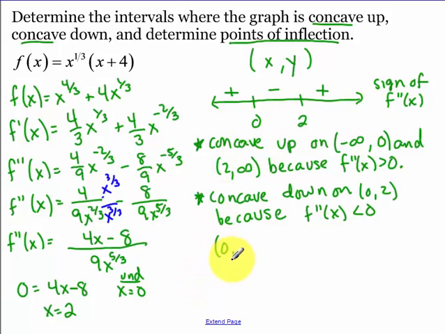So 0 and 2, plugging those back into the original, because the points of inflection are on the original graph. When I plug in 0, I get 0 times 4, which is 0. When I plug in 2, I have 6 times the cube root of 2. Those are our points of inflection.